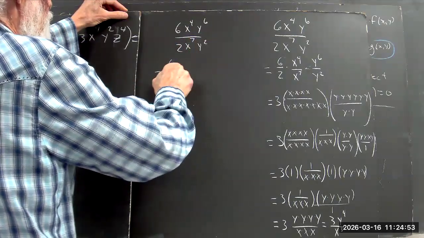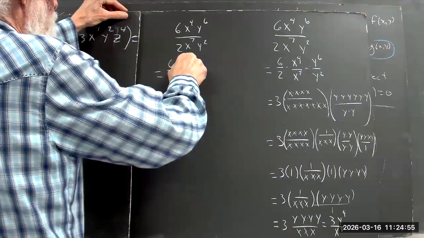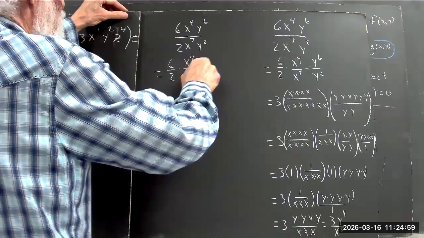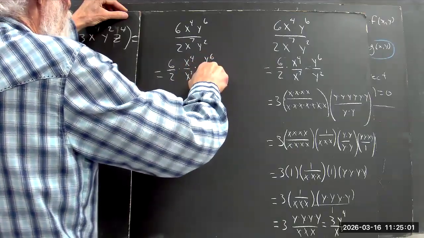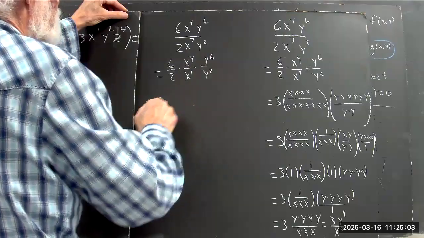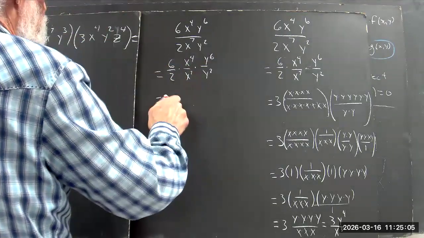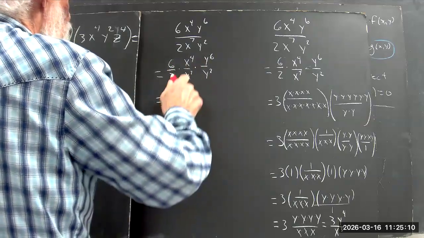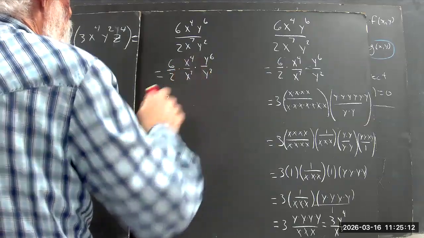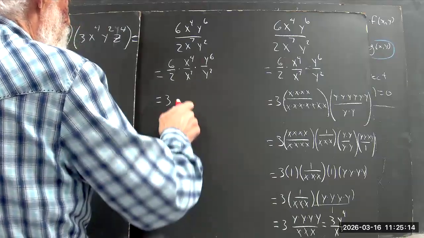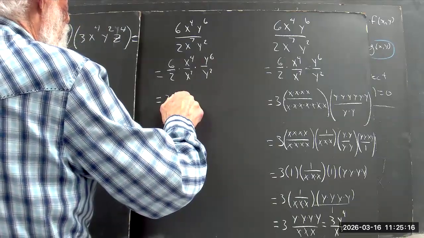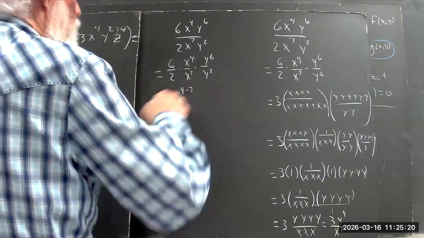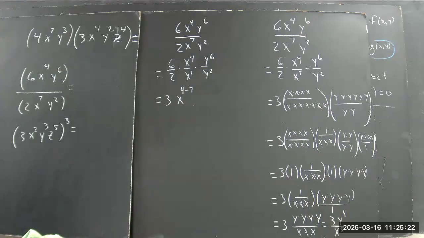And we could write that again as 6 over 2 times x to the 4th over x to the 7th times y to the 6th over y to the 2nd. 6 divided by 2 is 3. x to the 4th divided by x to the 7th is x to the 4 minus 7.